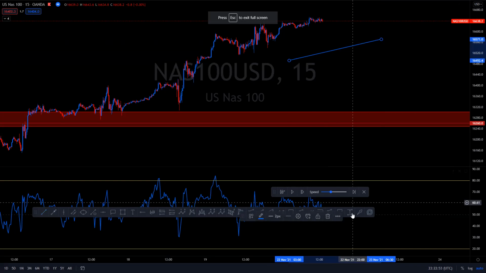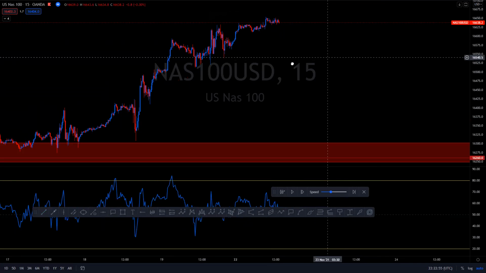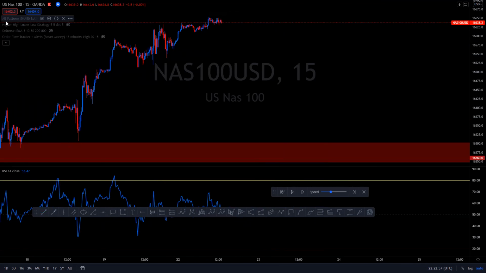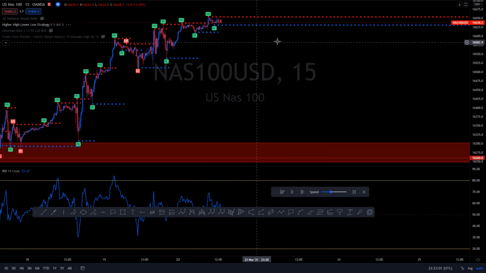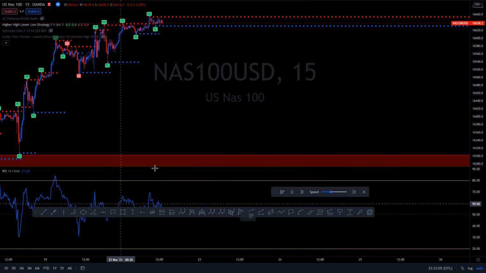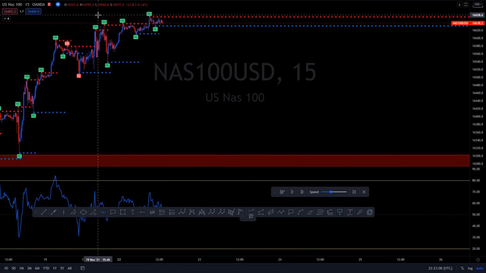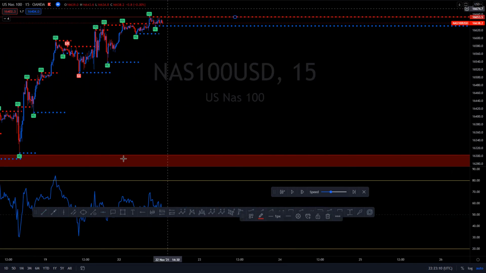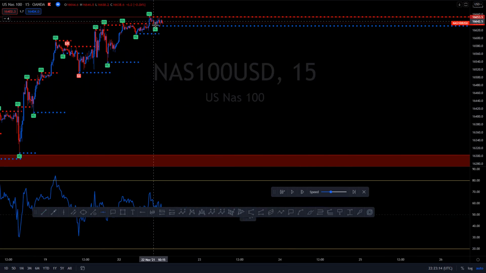Okay. So why does this go? Okay. So the next thing I do is I turn on my higher high and lower low strategy because I just identified the trend. And so what I like to do is put my supply demand zones. I like to place horizontal lines on the most recent high and the most recent low using this indicator.